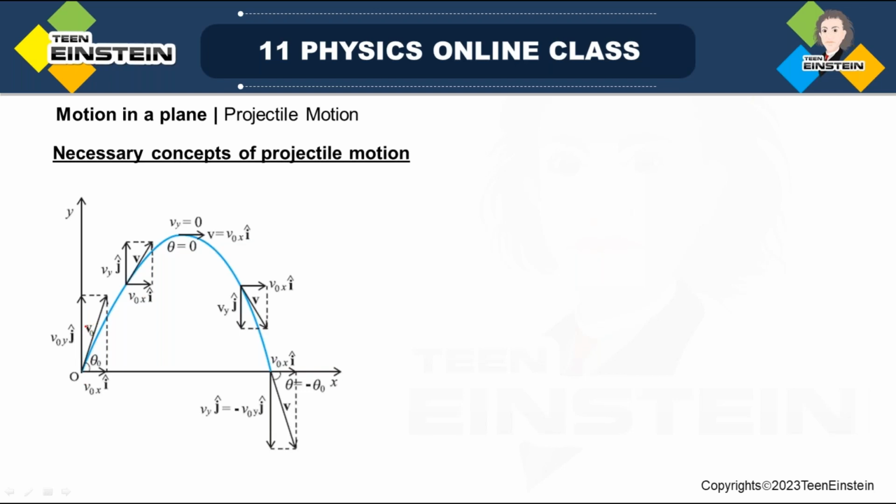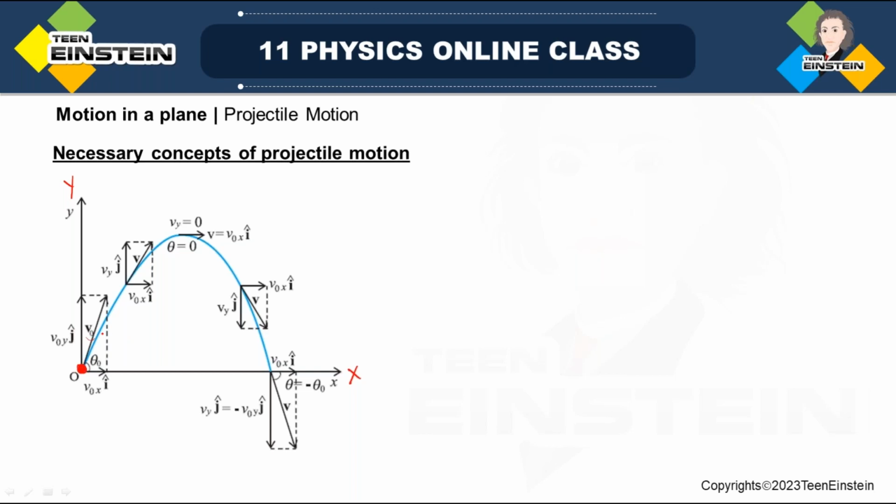This is the velocity vector v0, and it makes an angle theta 0 with the horizontal, which is the x-axis, and y is the vertical axis. So the velocity of the particle given from this origin is v0, making an angle theta 0 with the horizontal.